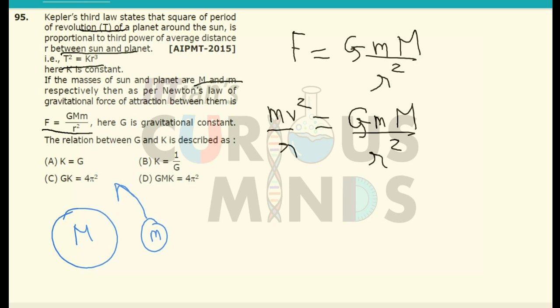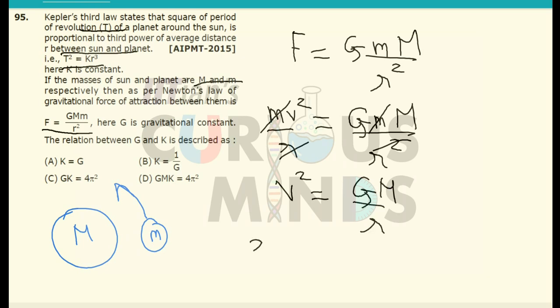So in this case, m v square by r is equal to G m M by r square. r and r will get cancelled, m and m will get cancelled out. So v square will be equal to G M divided by r.